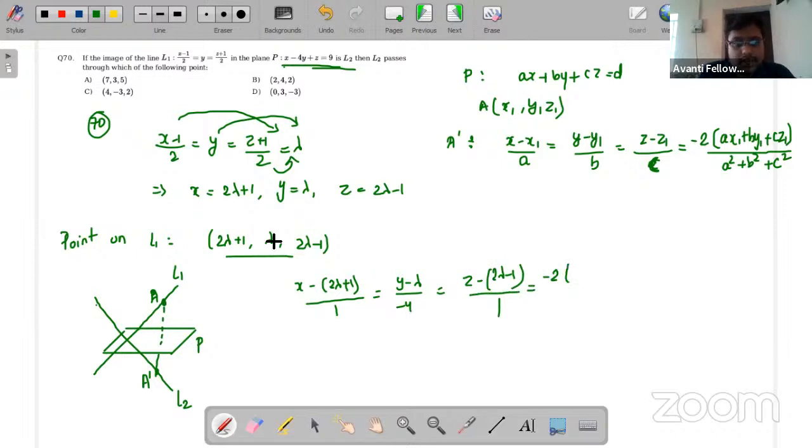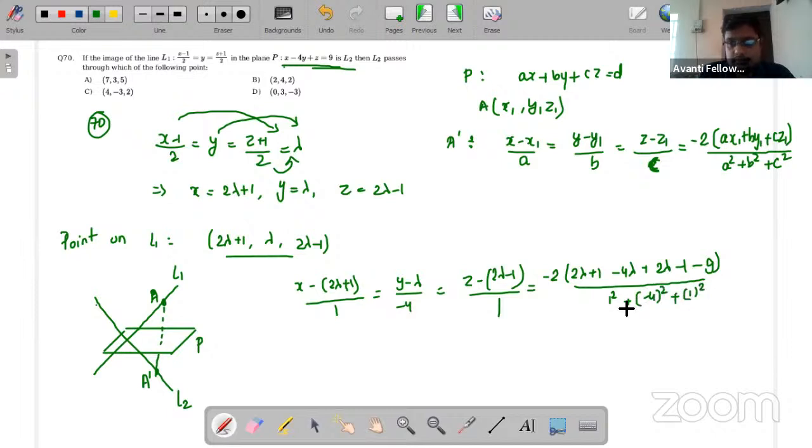Now putting the point on the plane: 2 lambda plus 1 minus 4 lambda plus 2 lambda minus 1 minus 9, whole divided by 1 square plus minus 4 square plus 1 square.